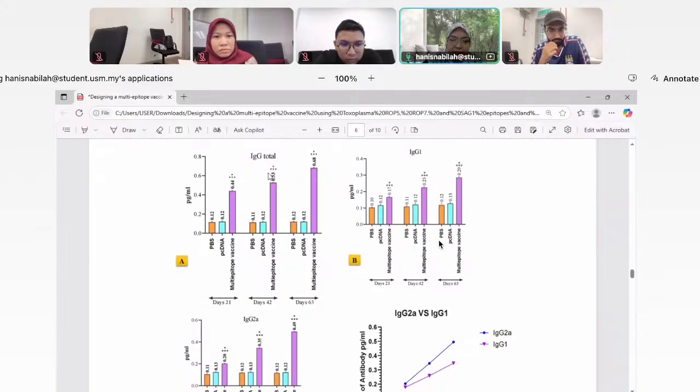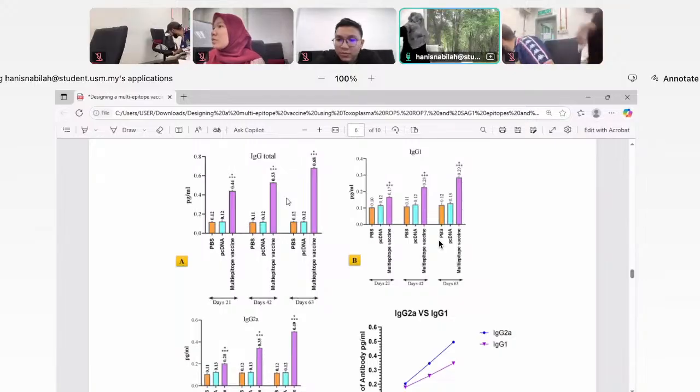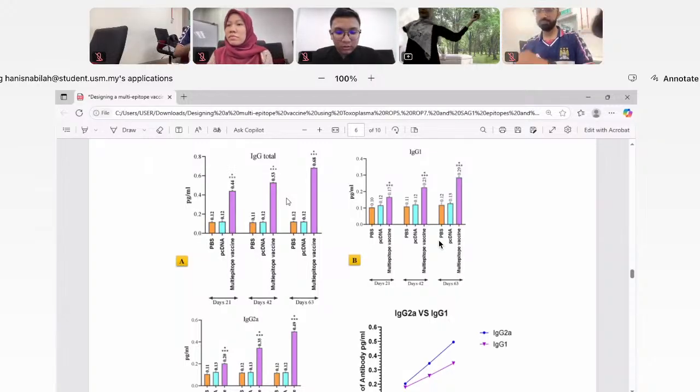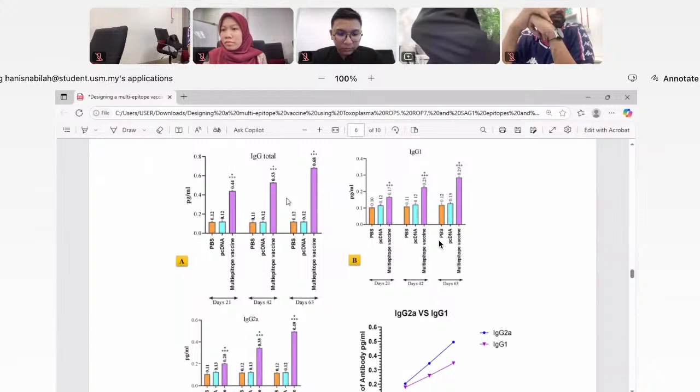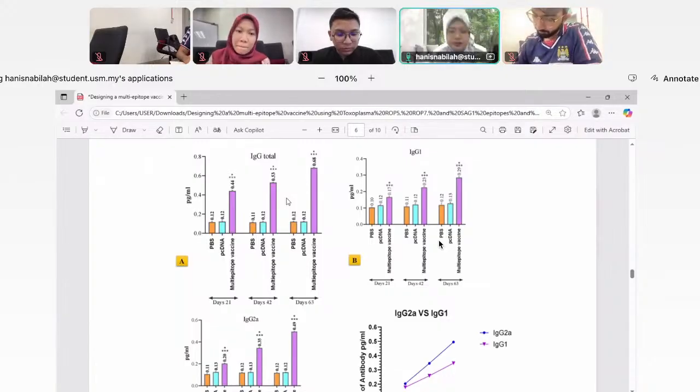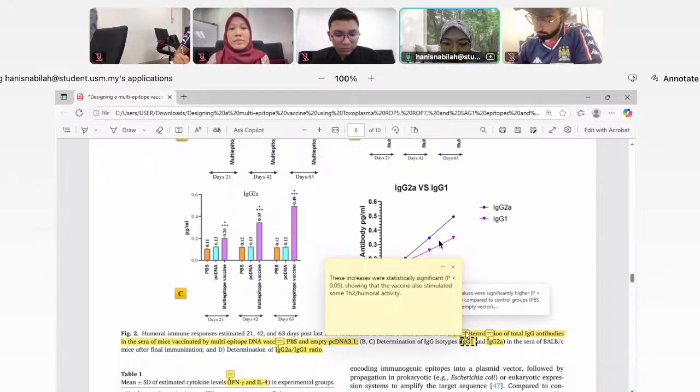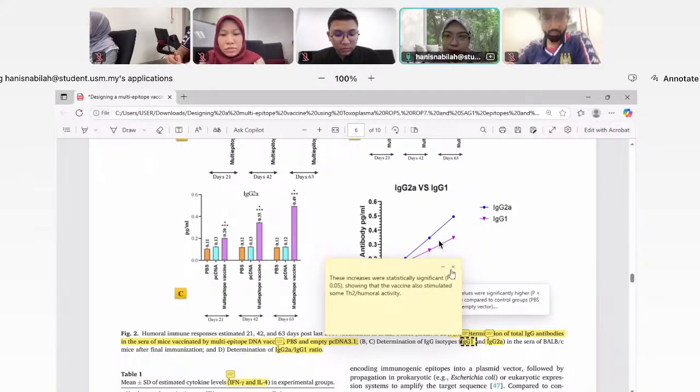First they find the IgG total. Okay, the reason why they use IgG1 and IgG2a: IgG1 is more to indicate the TH2 response, the antibody-mediated response, while IgG2a is for the TH1 response, the cell-mediated response.